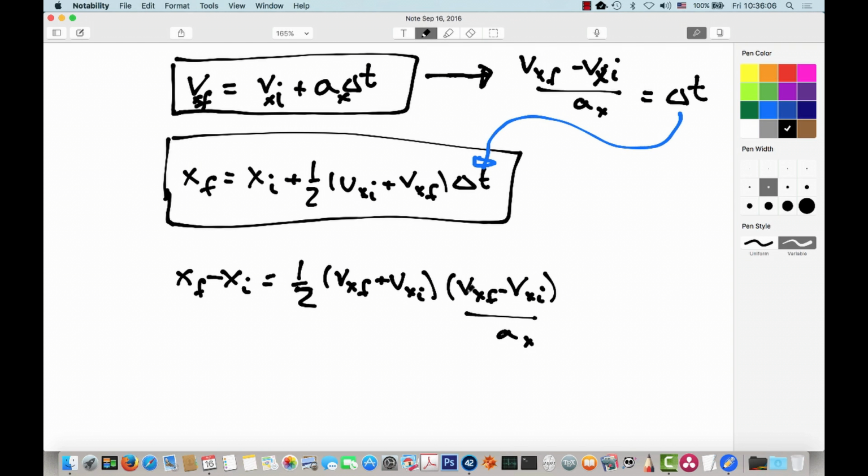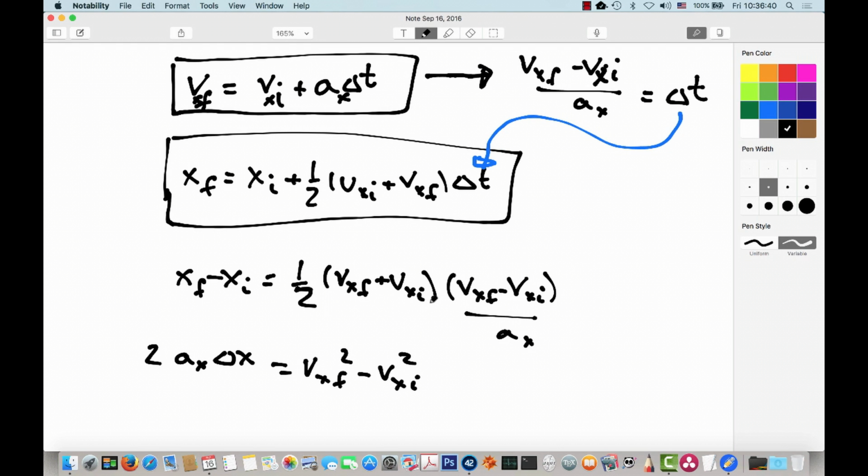All right. So if I go and take a look at this bit here, well, actually, let me take care of this bit here first. This bit here is just delta x. And then what I'll do is I'll get rid of both of these denominators and multiply through by 2ax. Okay, great. Then what I'm left with is just the two things in parentheses. And if you remember that from algebra, that's going to be vx final squared minus vx initial squared.